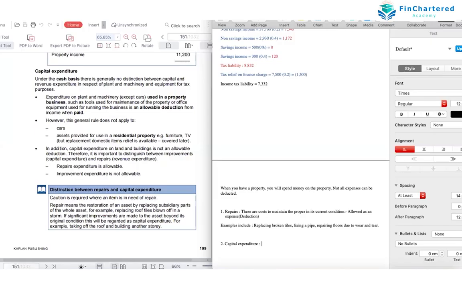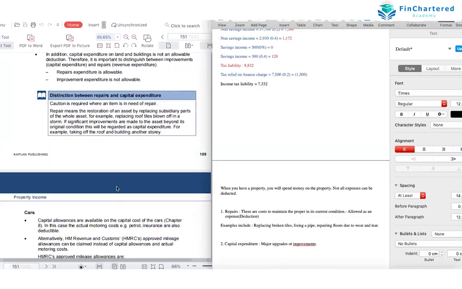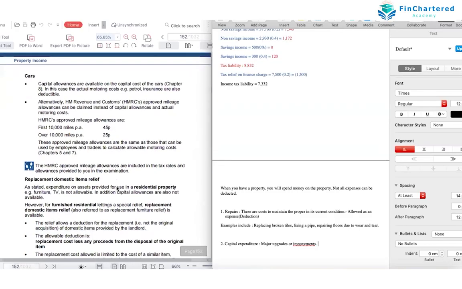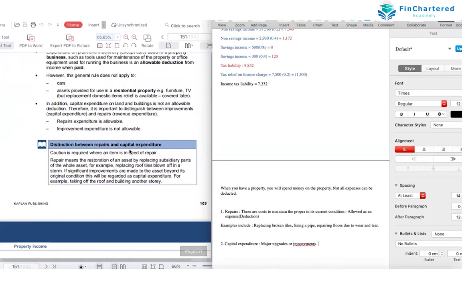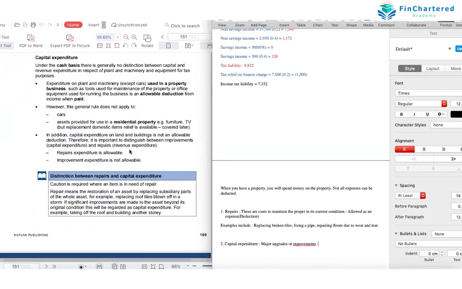So here, what we have to look at is these are major upgrades or improvements. We look more on that shortly. But here all we need to know is these are not allowed as a deduction.